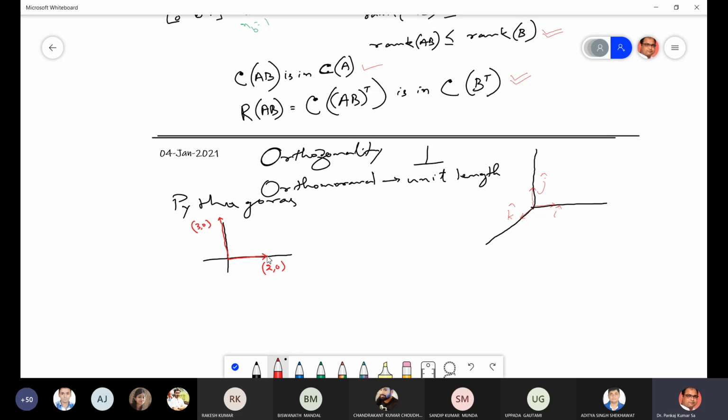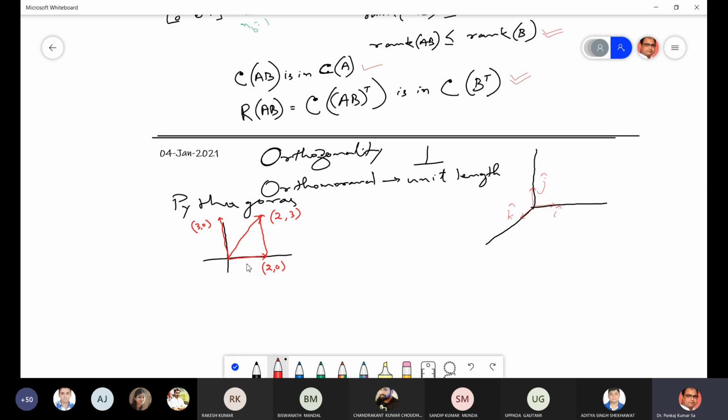Or let me draw it here itself. This is not (3, 0) actually. This is (0, 3). So the resultant vector would be this. What is the resultant vector? (2, 3).